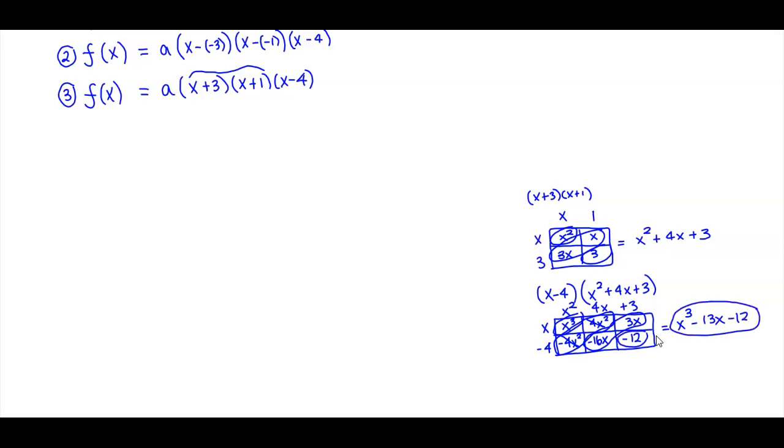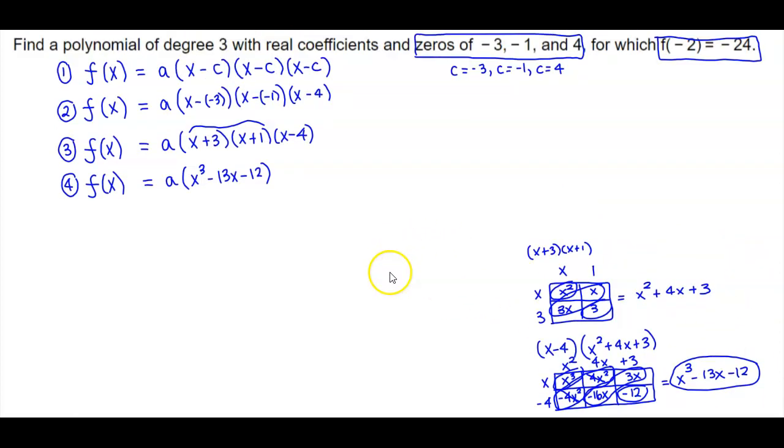So now we replace that. In step number 4, f of x is equal to a times x cubed minus 13x minus 12. Now we have that.